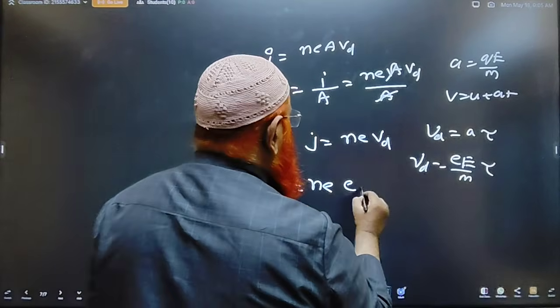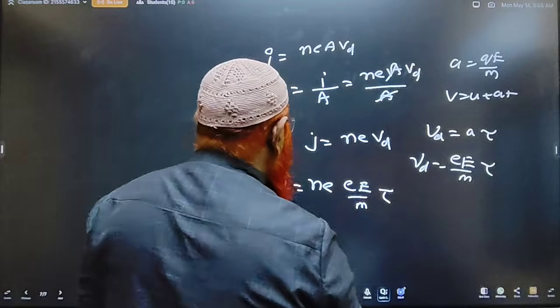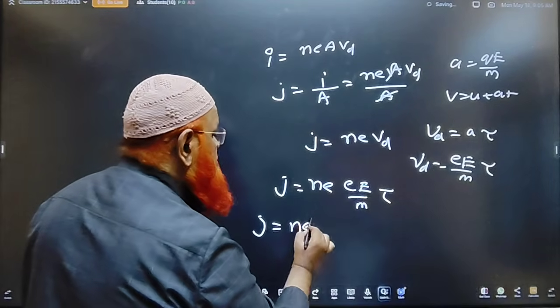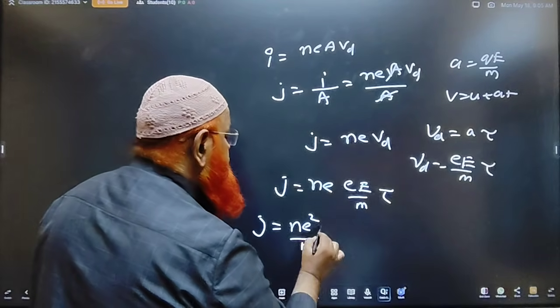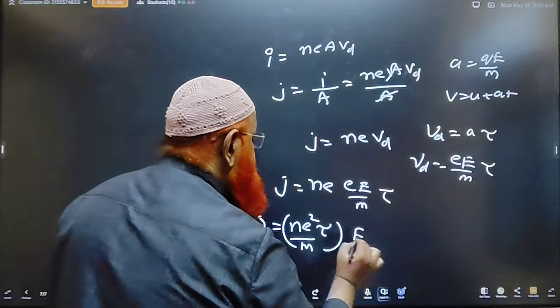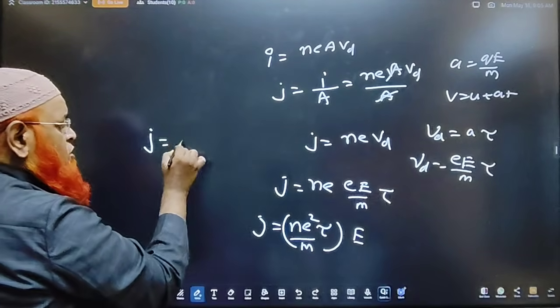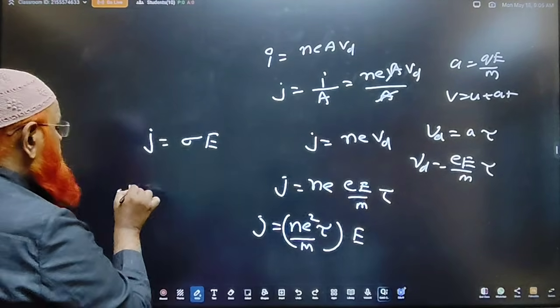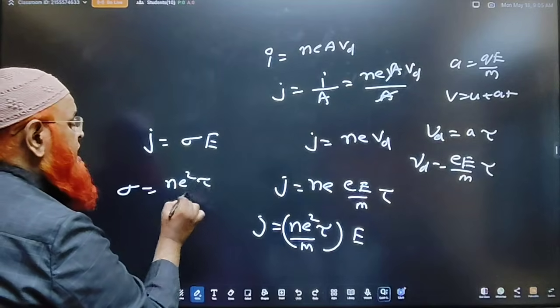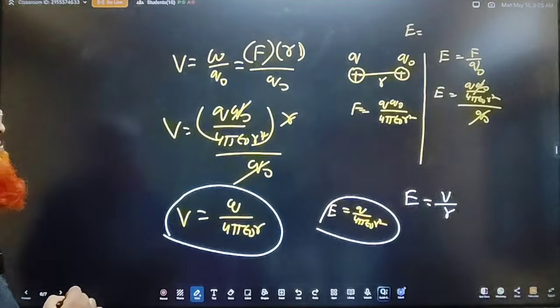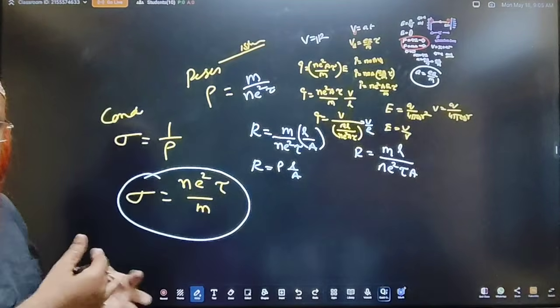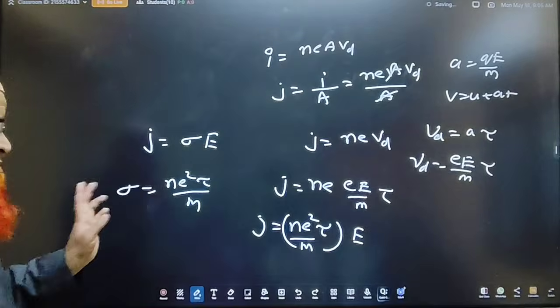So here, e into capital E by m into tau. So J is equal to n e square by m into tau into capital E. Okay. So J is equal to sigma E. Because sigma is nothing but n e square tau by m, which I already explained here. Everything is interlinked. Sigma I got it as.